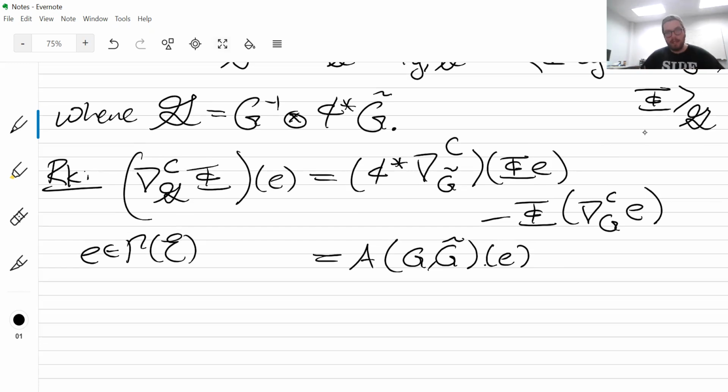And with this formula, you can actually see that SG script G is, I believe, the negative.